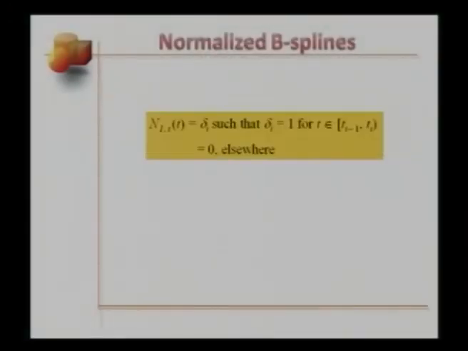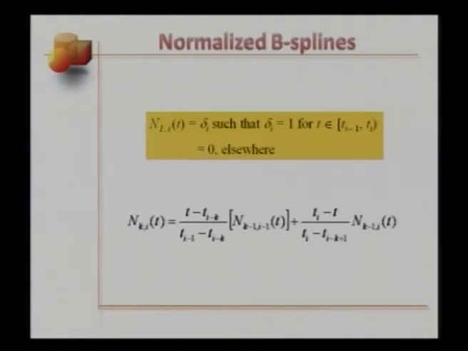So the overall recursion relation for normalized basis splines. The first order normalized spline N_1i(t) is equal to delta_i, such that delta_i is equal to 1 for values of t belonging to closed t_(i-1), open t_i, and N_1i(t) is 0 elsewhere, for all other values of t.